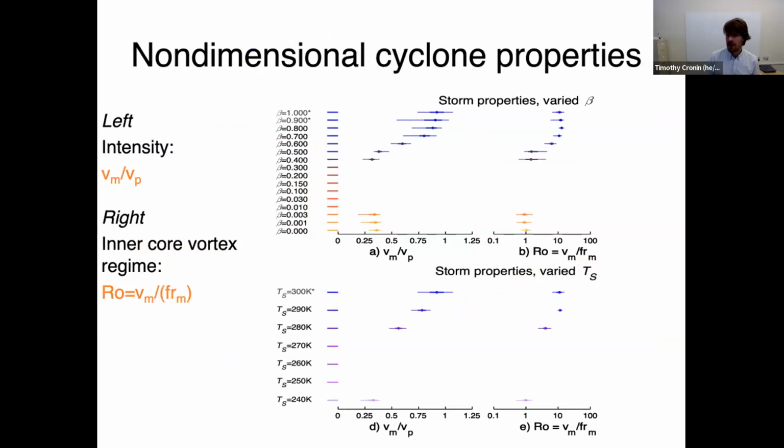Okay, and to further characterize that and to look at the moist-dry transition and provide some evidence that storm properties transition relatively continuously between moist and dry limits, we've looked at a few non-dimensional properties of the individual cyclones that form in each simulation.